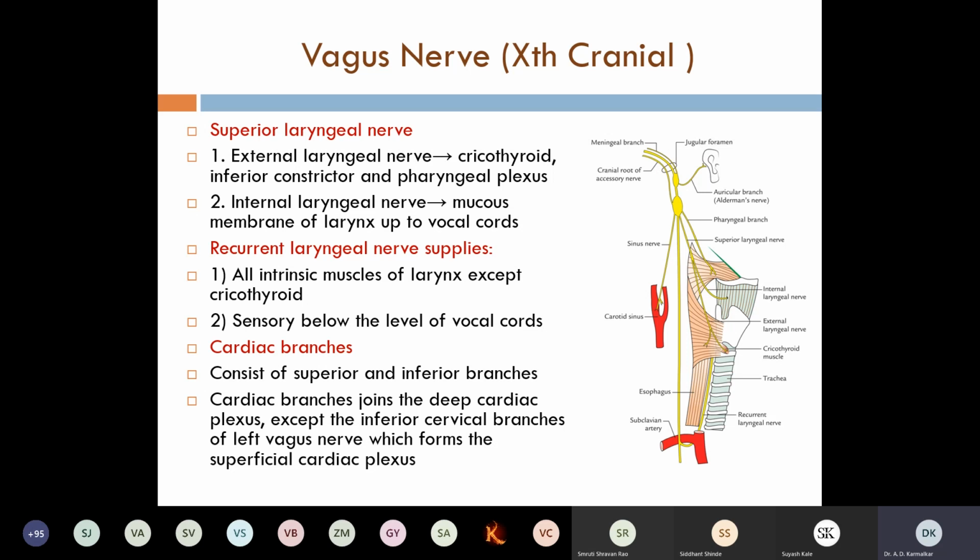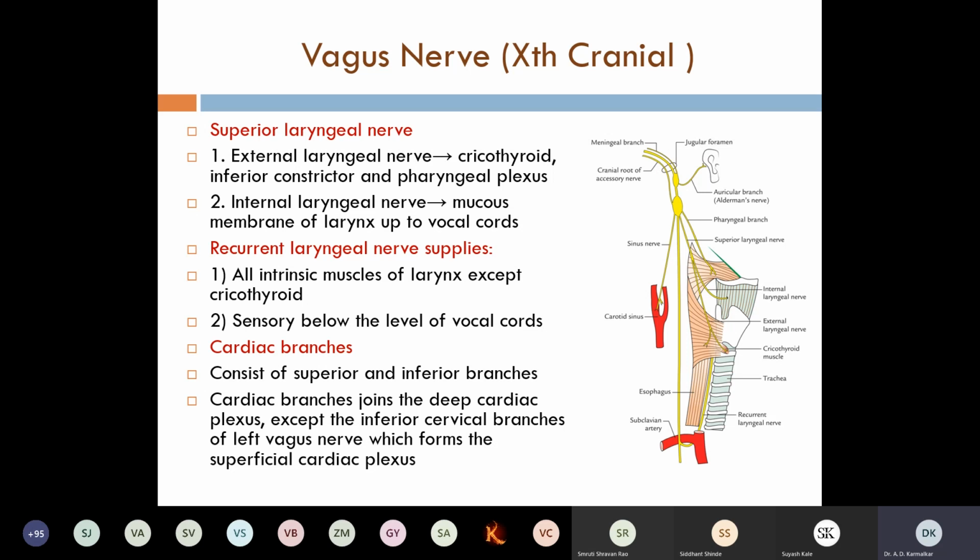The cardiac branches arising from the vagus nerve have two sets, superior and inferior branches. All these cardiac branches, both superior and inferior, join to form the cardiac plexus.